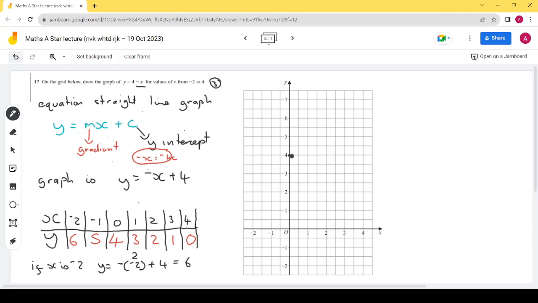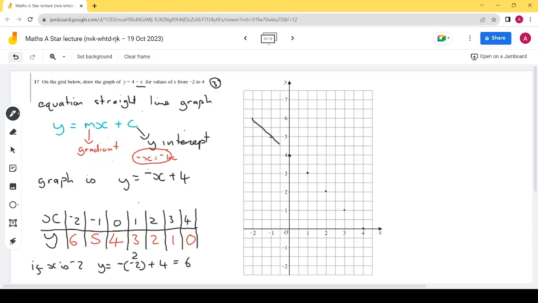So we can plot our graph, and it's just going to change 1 each time. So we've got 1, 3. Got 2, 2. You really only need to be honest, I'm putting all these spots, but you could just do the first and the last one because it's a straight line. So we'll just go through all of them. You don't want to draw beyond the lines.